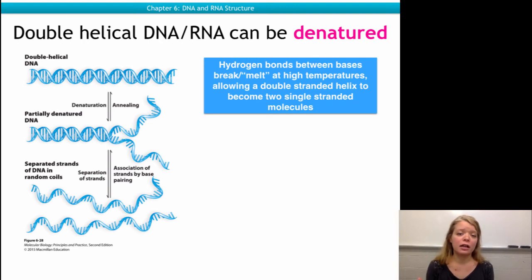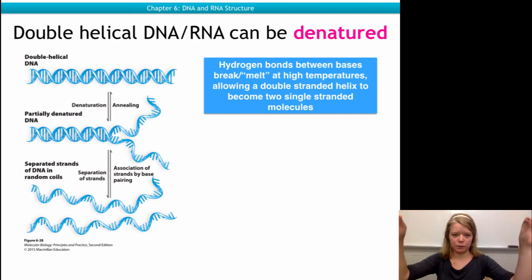Or you can provide the hydrogen bonding atoms something other than each other to hydrogen bond with, such as an alkaline or acidic solution, where other hydrogen bonds can be formed with the bases. That will also cause denaturation, breaking the double helical structure of the DNA and allowing the single-stranded DNA molecules to float around in solution.